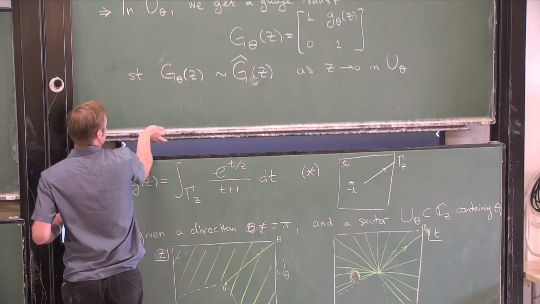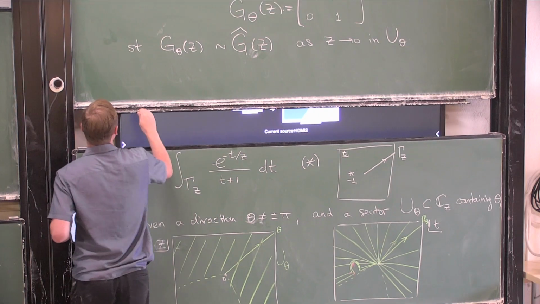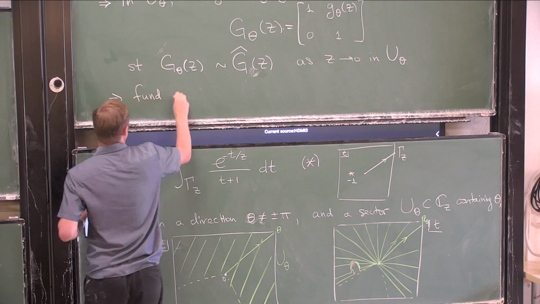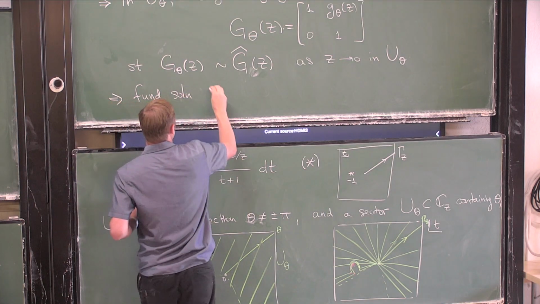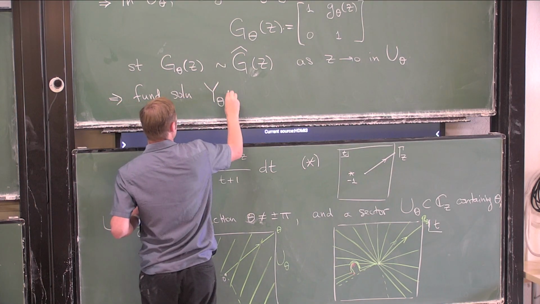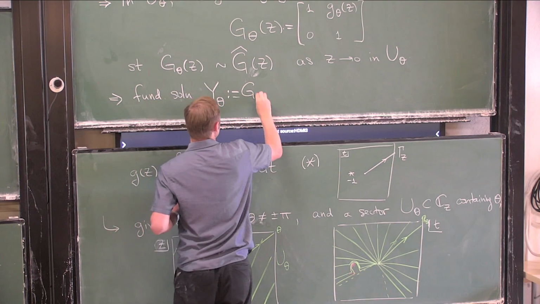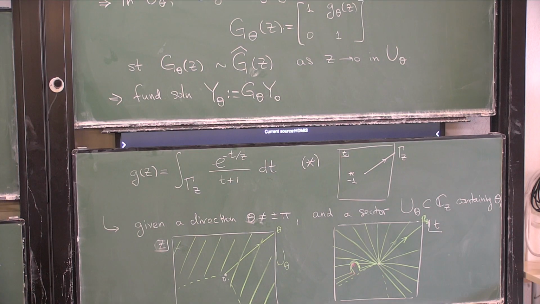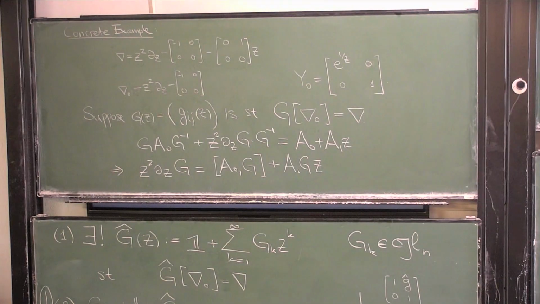And so in particular, that means we get a fundamental solution y theta, which is just G theta applied to the fundamental solution of the normal form. I can even write explicitly what this is.